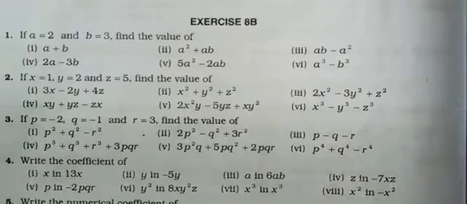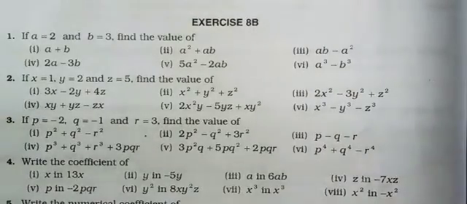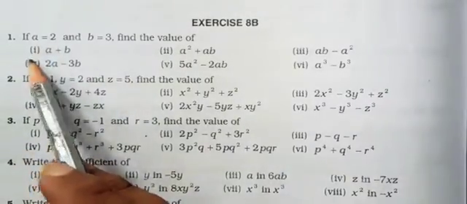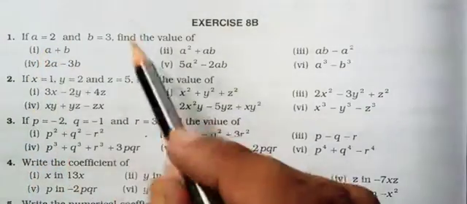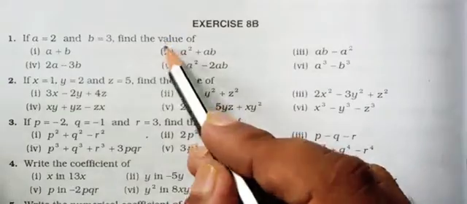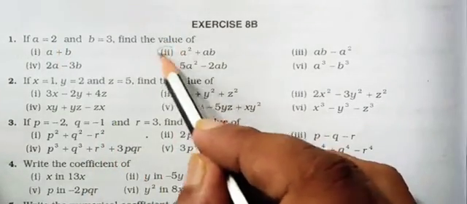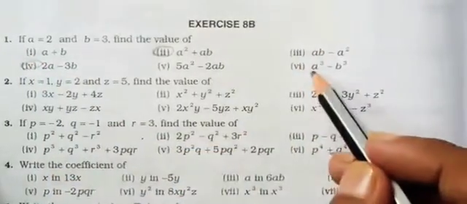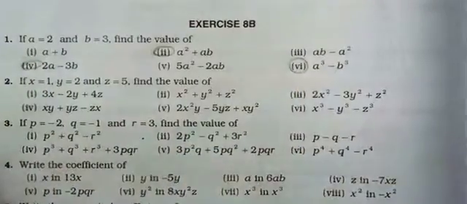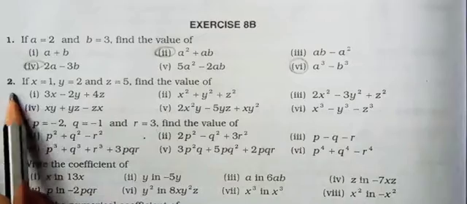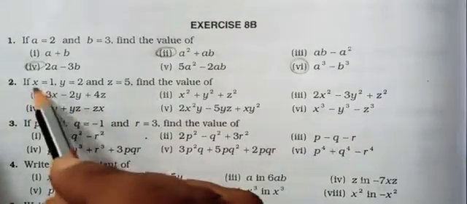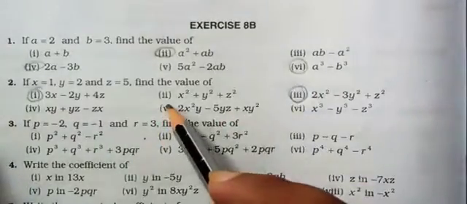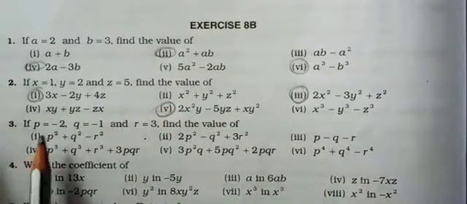Question number 1: from question number 1, all the even ones, these. From 2, all the odd ones, these and these. From 3, all the odd ones, these and these.